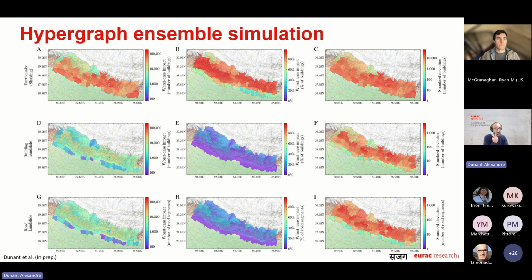We could have the results as maps, in terms of not only the absolute numbers but also the percentage of impact for earthquake on buildings, landslide on buildings, and landslide on roads, and also the deviation among all the ensemble members. So really moving this cascading multi-hazard model into a space that I think climate data users are a lot more familiar with.